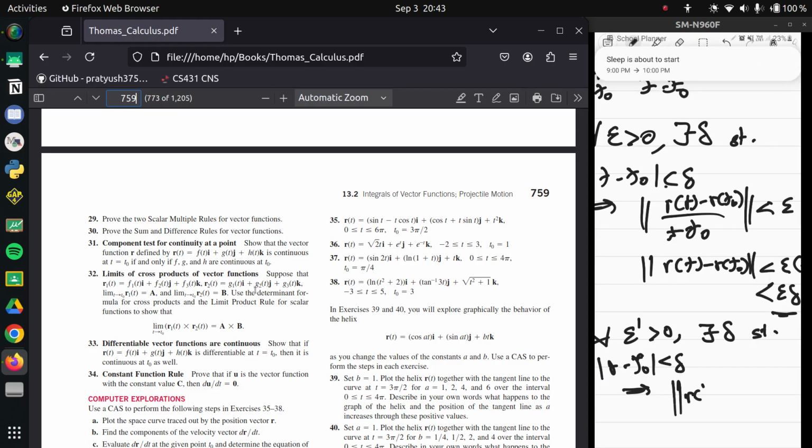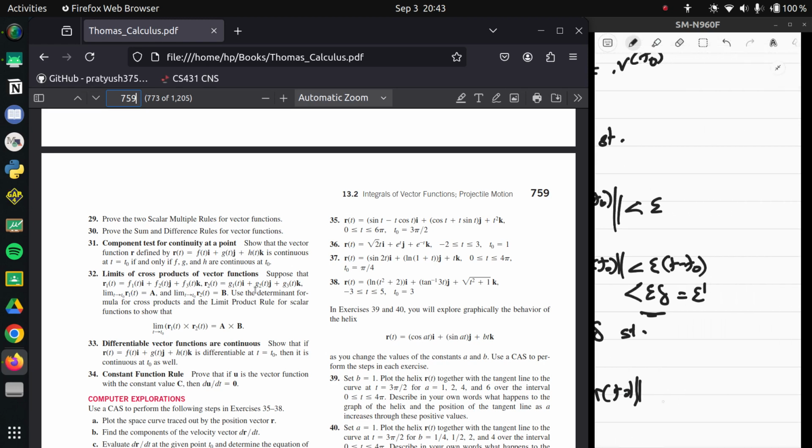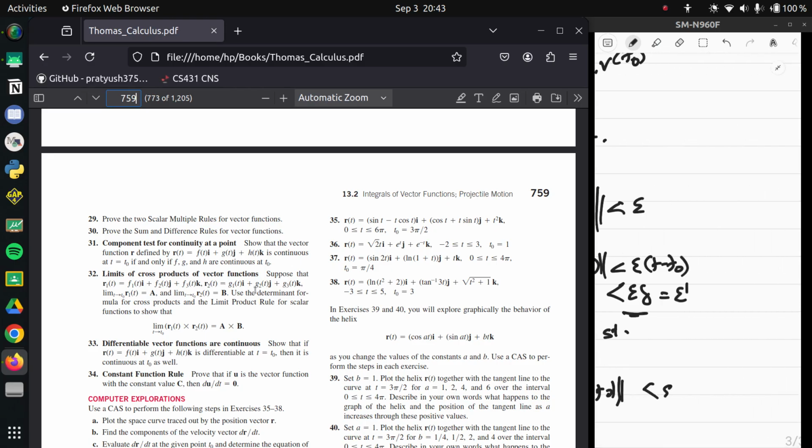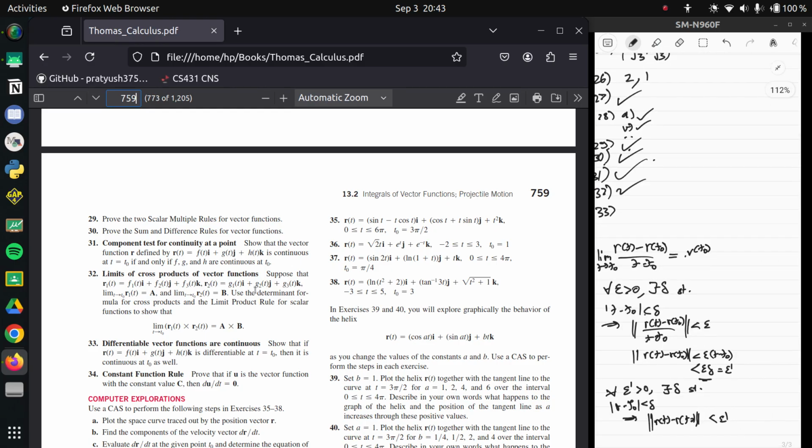So r of t minus r of t naught is less than epsilon times delta, but that is epsilon dash essentially. And this is true because for every epsilon dash you can have an epsilon which is just epsilon dash upon delta, right? There exists a delta.